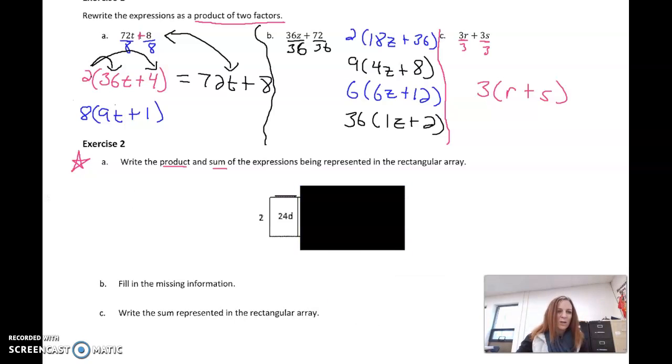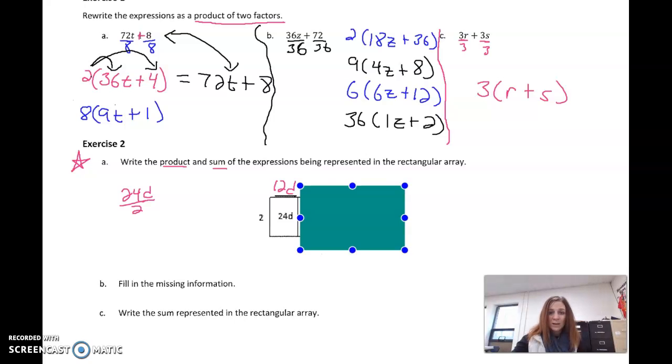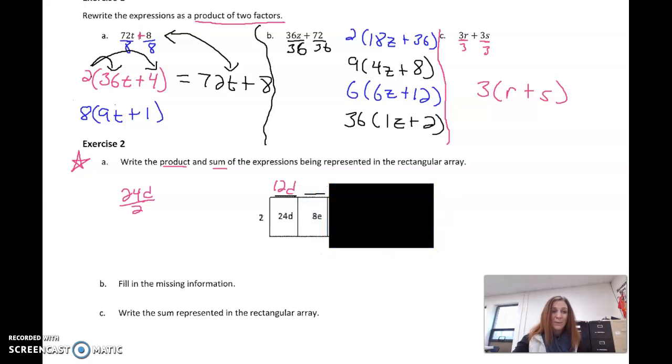And I want to say, okay, well, 2 times what equals 24D? Well, again, if I want to know what I'm multiplying by, I can divide. And if I go 24D divided by 2, this kind of looks like what we did in the last lesson. 24 divided by 2 is 12, so this would be 12D. And let's say maybe I wanted to look here.